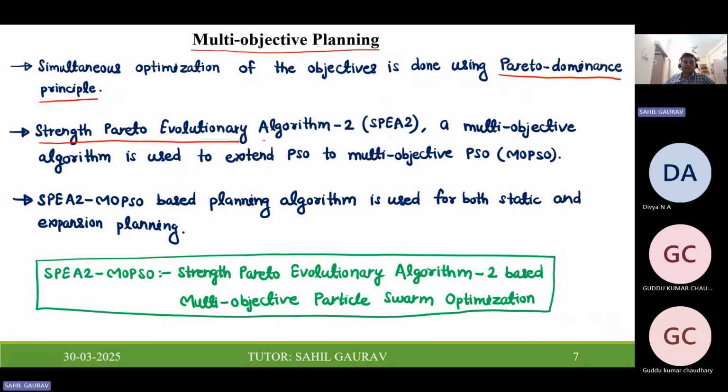Sir has shown this Strength Pareto Evolutionary Algorithm 2 based optimization strategy for solving this multi-objective optimization problem. So this SPEA2 MOPSO can be used for both static and expansion planning. SPEA2 MOPSO is a Strength Pareto Evolutionary Algorithm 2 based multi-objective particle swarm optimization.